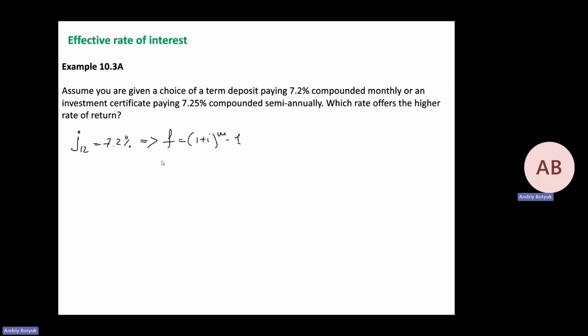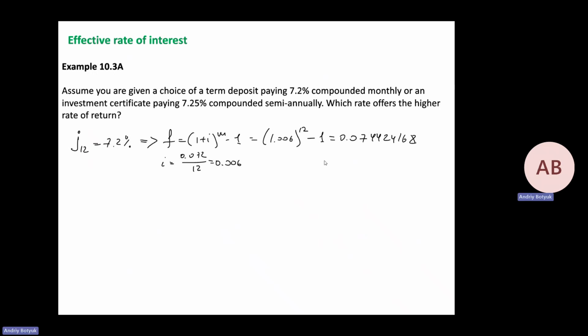For this, I calculate the effective rate of interest. What is m? m is 12. What is i? Let's calculate. So I have 1.006 to the power 12, minus 1. And here, guys, we don't round at all. We keep all the tail, because sometimes the difference is so small that if we round, we don't see it.